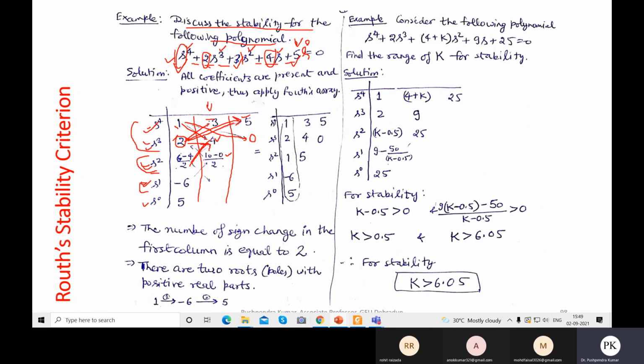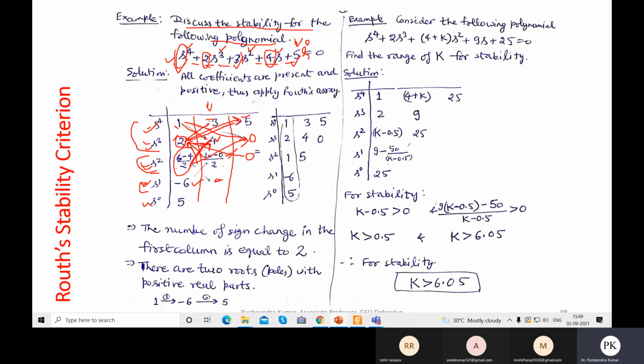So 1 multiplied by 4 minus 5 multiplied by 2, so 4 minus 10, and when you divide by this, you get this value. For the next one we multiply this, it is 0, and there is no element, so it is 0. So here you will have 0. You can leave it blank or put a 0.